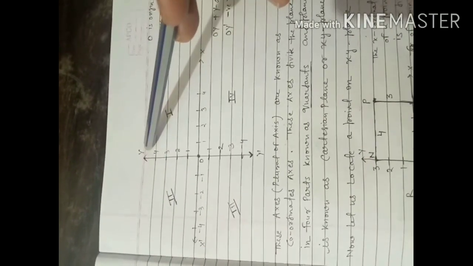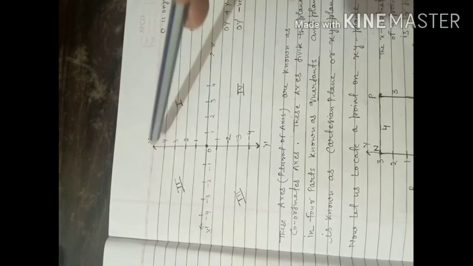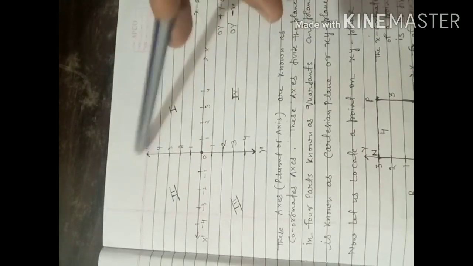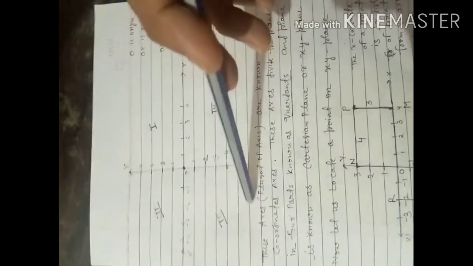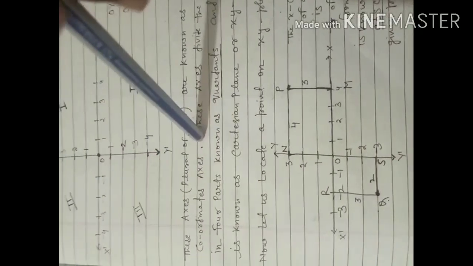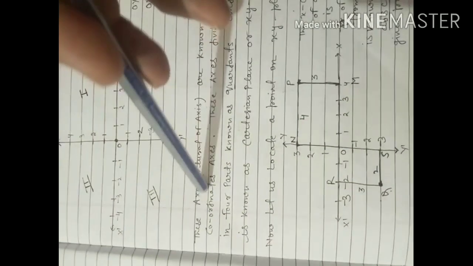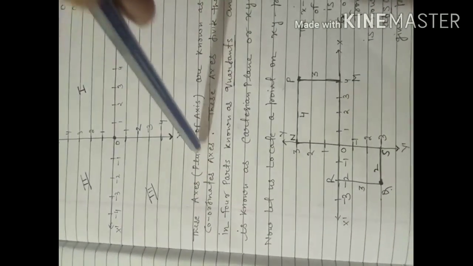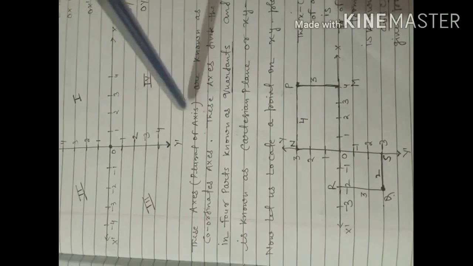Now these axes, the x-axis and y-axis, are known as coordinate axes. Axes is the plural of axis.